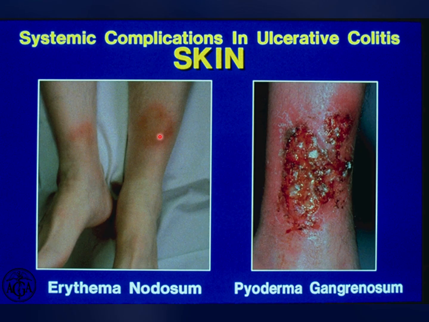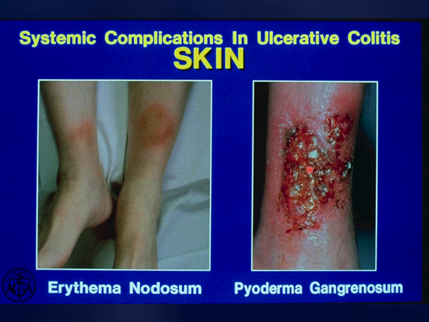They go into bluish, green, yellowish, and then they will disappear. Mind you that erythema nodosum parallels the disease activity, whereas to the right, pyoderma gangrenosum, which is a more extensive necrotic ulcerated inflammation of the skin, does not parallel the intestinal disease activity.